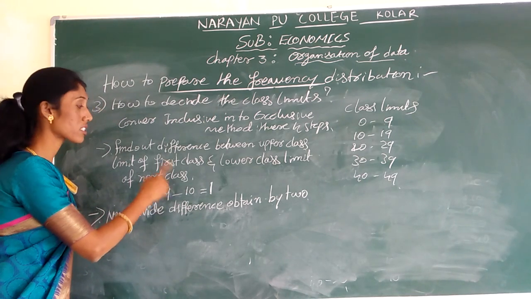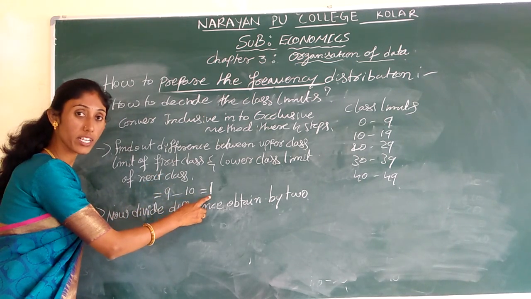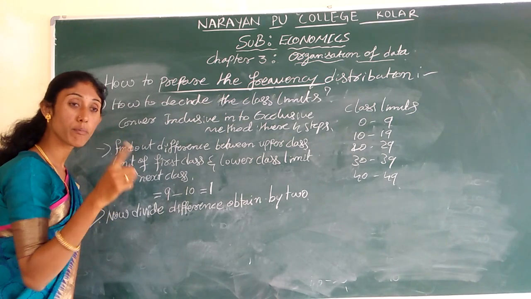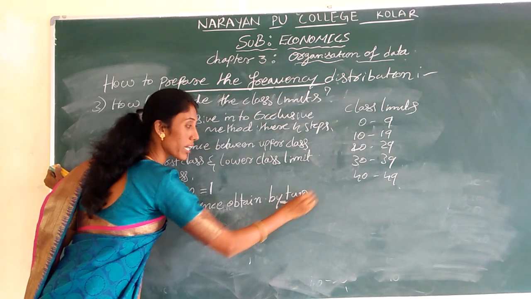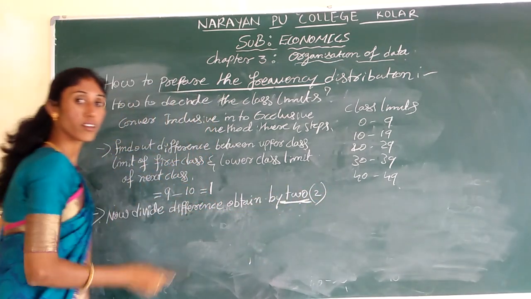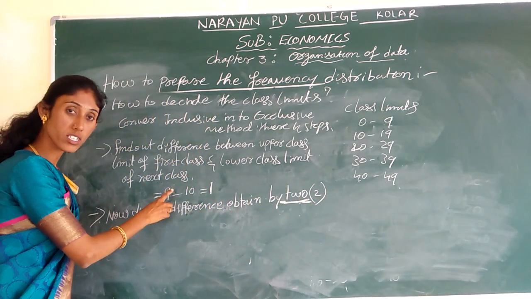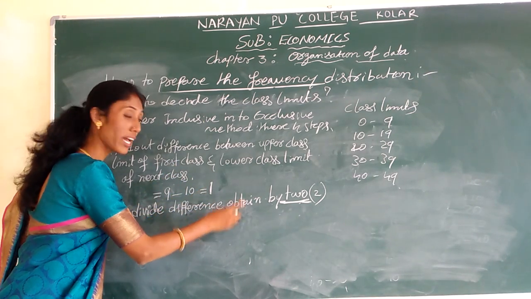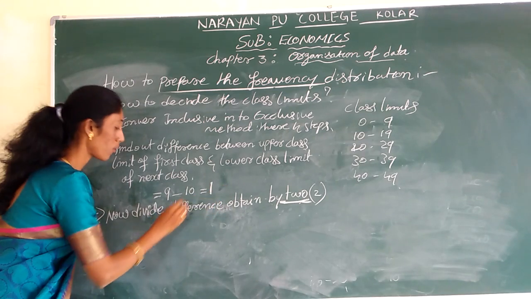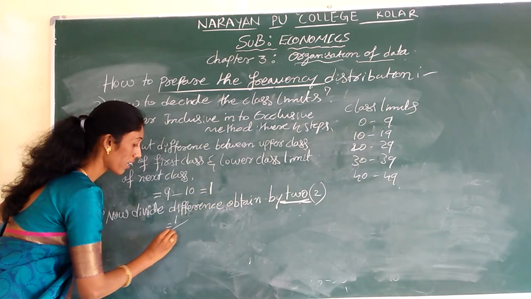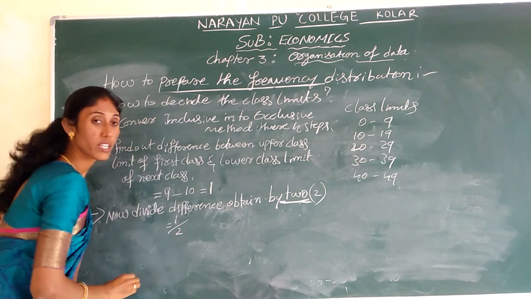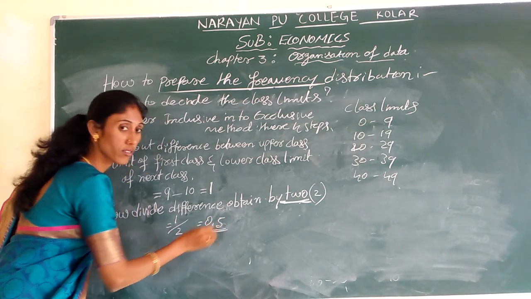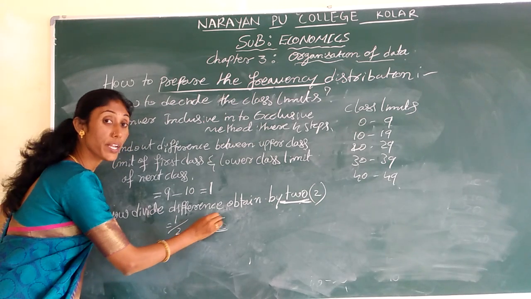In the first step, the difference we got is 1, and this value 1 we should divide by 2. Got it? What is the difference we got in the first step? That difference we need to divide by 2. Now what is the difference we got? 1. When we divide it by 2, we get 0.5. The value we get is 0.5.